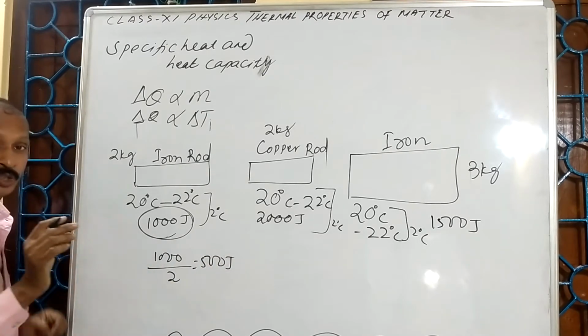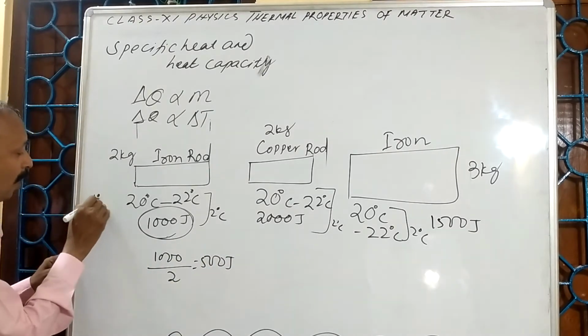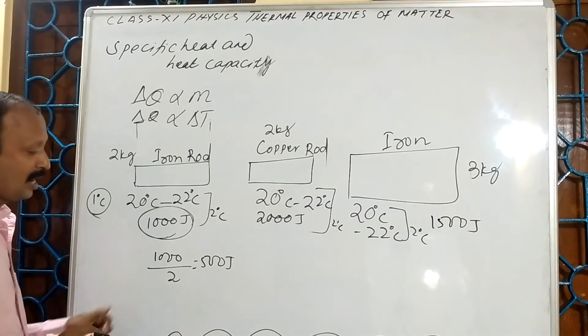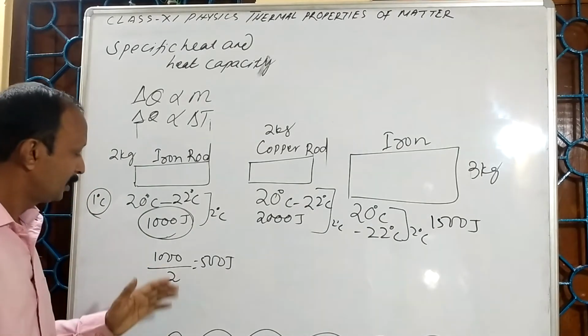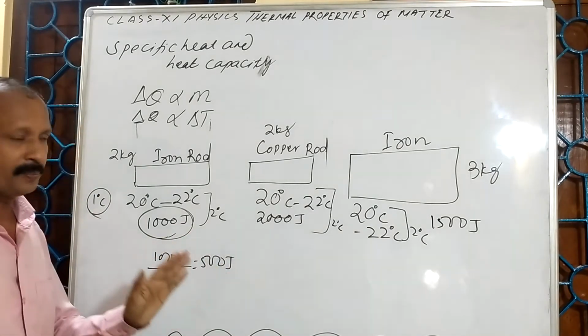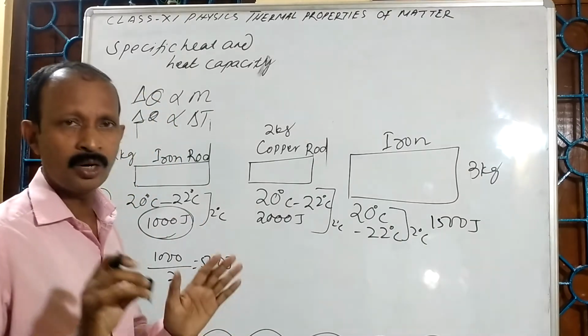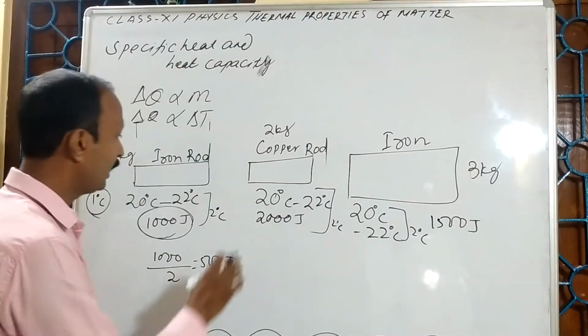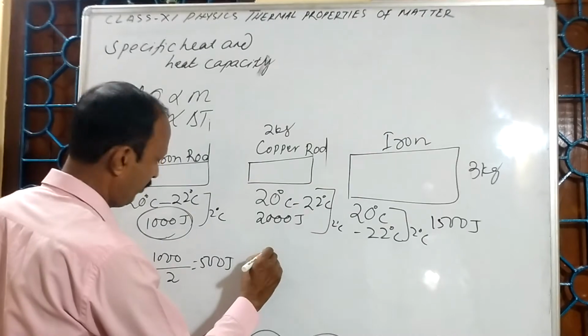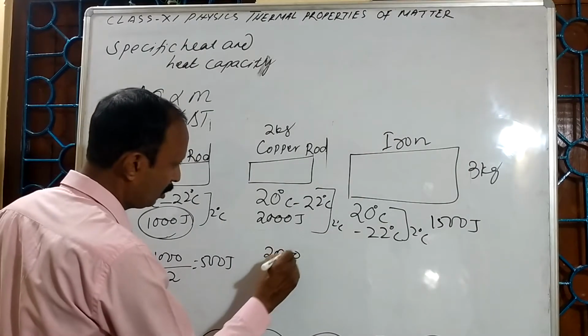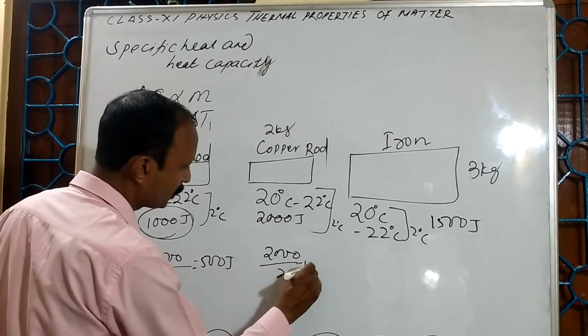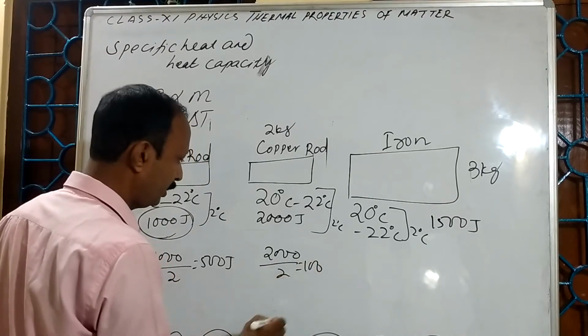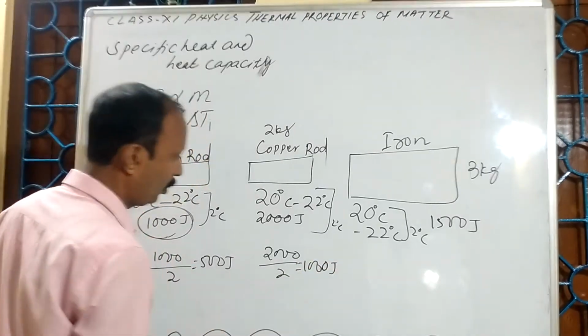If I want to change its temperature 1 degree Celsius, I have to supply 500 joule of heat energy or thermal energy, you can say. In this case, how much? Definitely this is 2000 upon 2 is equal to 1000 joule.